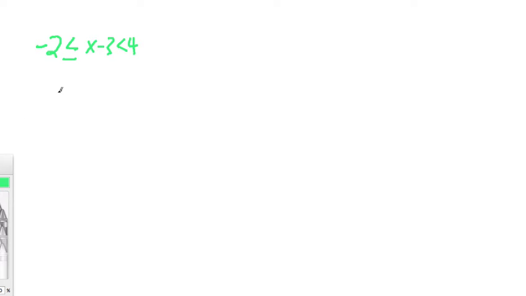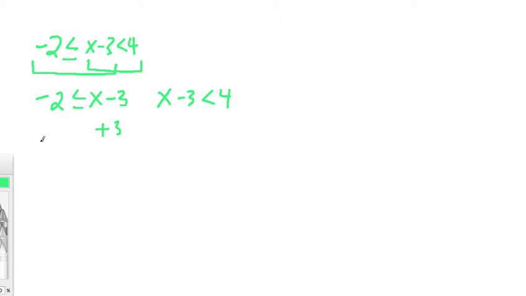All right, so there are 2 ways to do this. The first way is we're going to set up 2 inequalities. This is my first one, because we know that negative 2 is less than or equal to x minus 3. And our second inequality is x minus 3 is less than 4. These are my 2 inequalities, and now I'm going to solve them. To get x by itself, I would add 3.